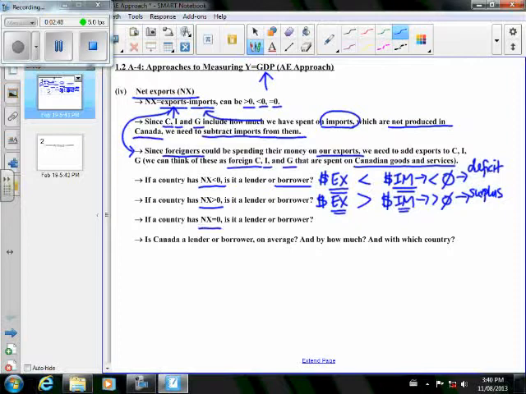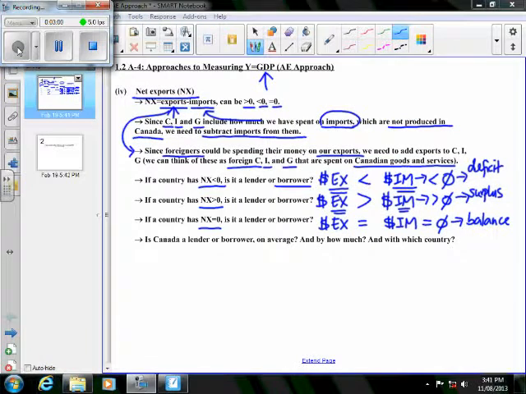In the very odd case, suppose a country has export revenue exactly equal to import expenditure, then we say that this country has a trade balance. What about Canada? On average, are we a borrower or are we a lender?